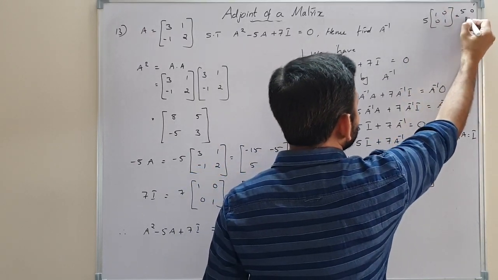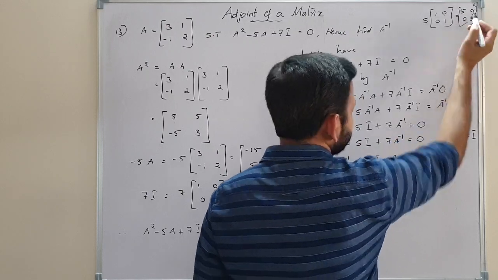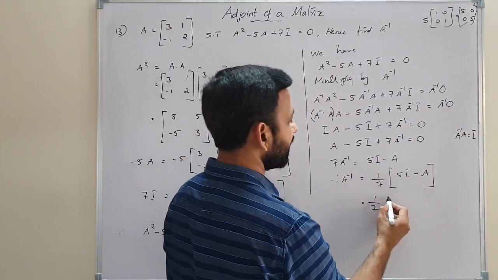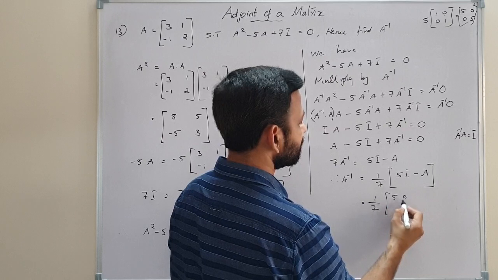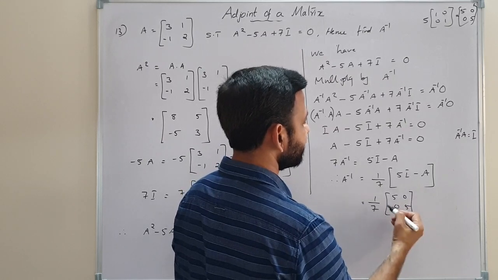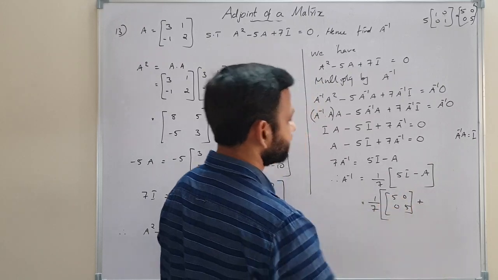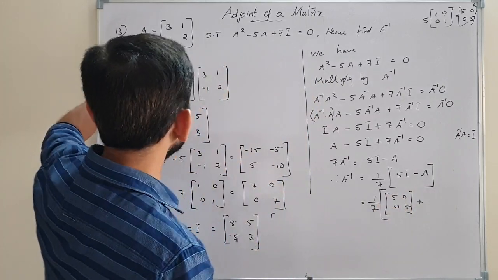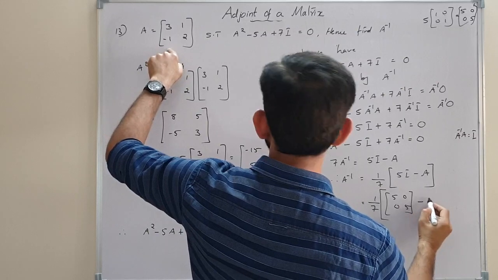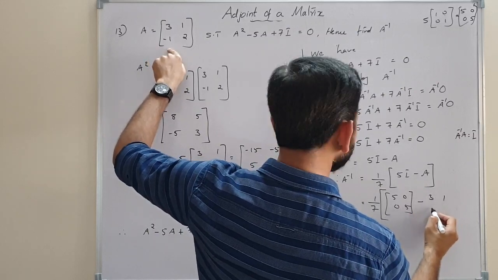So 5 0 0 5. No need to write a separate step here. 5I is 5 0 0 5, that is one matrix. Minus, with one more bracket, minus A. A is given as minus 3 1 minus 1 2.